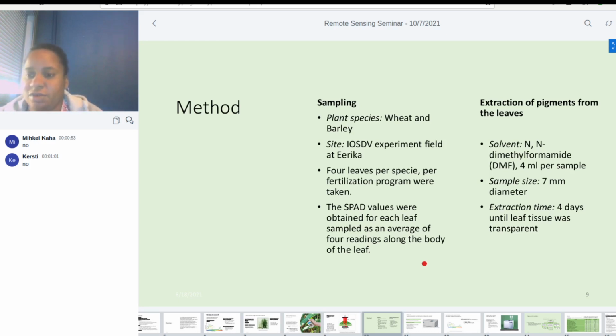Then the extraction for the spectrophotometric determination was done with N,N-dimethylformamide, and 4 milliliters per sample were used. For the sample size, a circumference of 7 millimeters of diameter was punched for each sample, and the extraction time was 4 days until the leaf tissue was transparent.